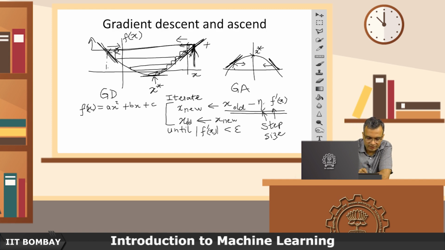If I have a simple second order polynomial, then I can have exact eta calculation, and that basically is f dash of x divided by f double dash of x, and that is called Newton's method.